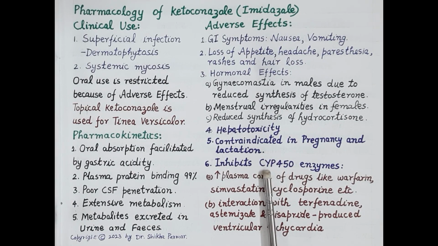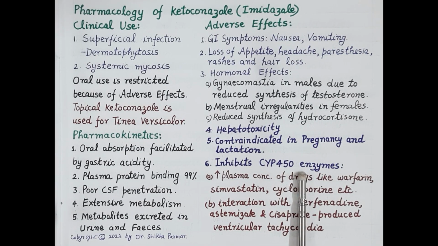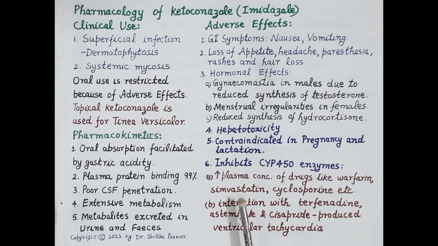Another very important point: ketoconazole and most of the azoles inhibit cytochrome P450 enzyme, and thus they interact with a number of drugs. Ketoconazole, by inhibiting cytochrome P450 enzyme, inhibits metabolism and therefore increases the plasma concentration of several drugs like warfarin, simvastatin, cyclosporine, etc. And it produces serious drug interaction with drugs like terfenadine, astemizole and cisapride, and it can even produce ventricular tachycardia.